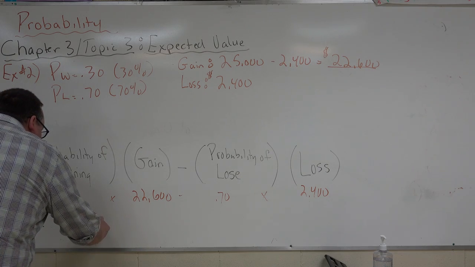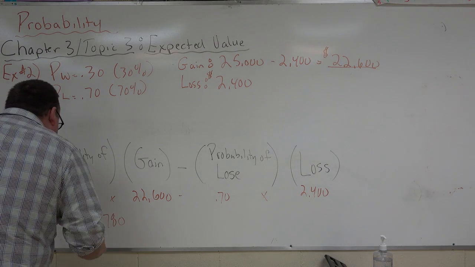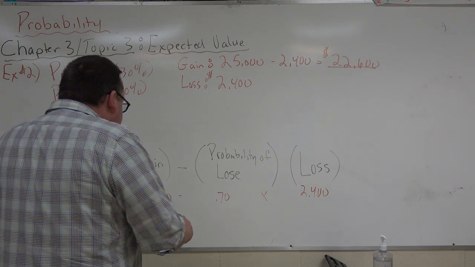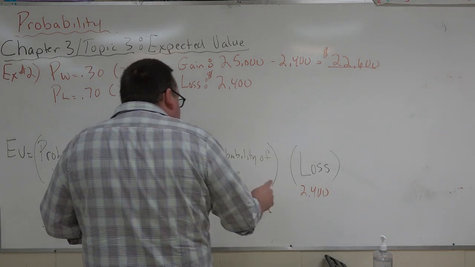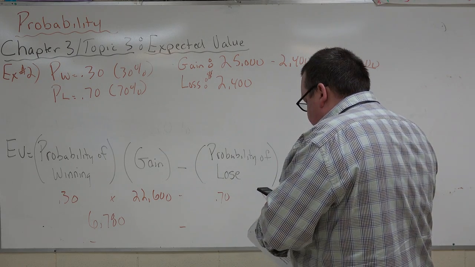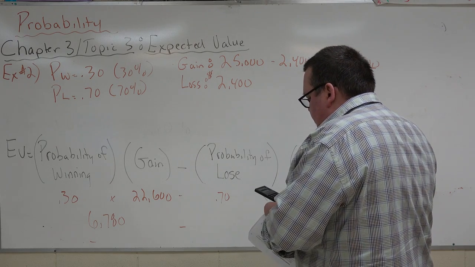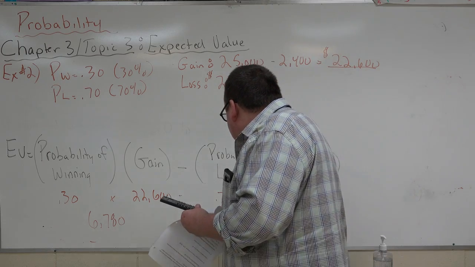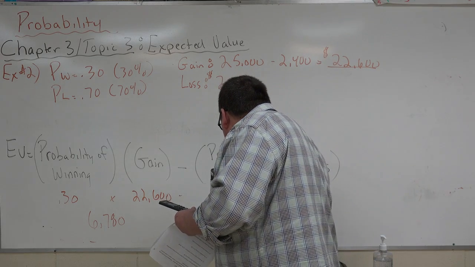That's 6,780. Now before I do some subtraction, I have to do the multiplication math on this side. So 0.70 times 2,400 is 1,680.